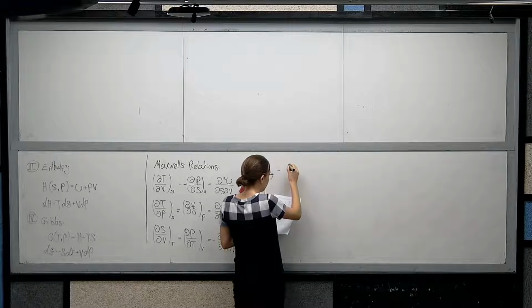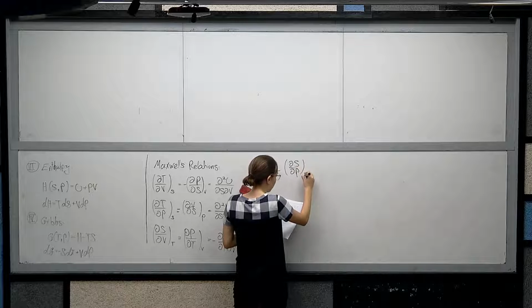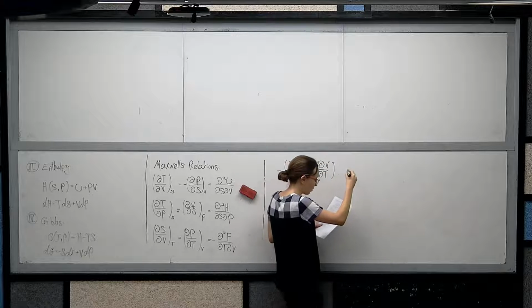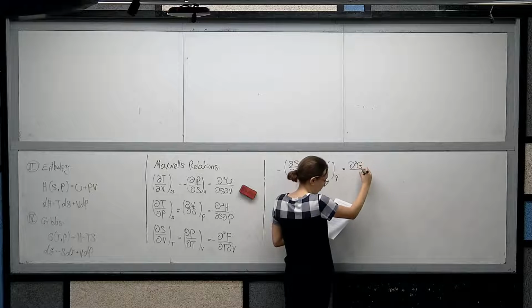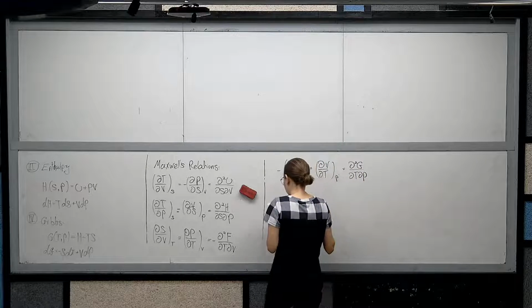And the last one is minus dS to dP equals dV dT with P constant, equals the second derivative of G to T and P.